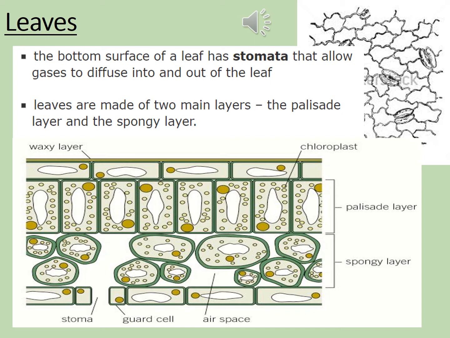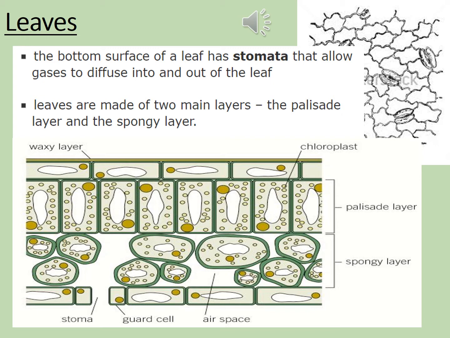So the leaves have stomata that allow the gas to diffuse into and out of the leaves. Remember, the carbon dioxide is going into the leaves and the oxygen is leaving out of the leaf. The two main areas that you need to understand is the palisade layer, which is underneath the waxy layer.